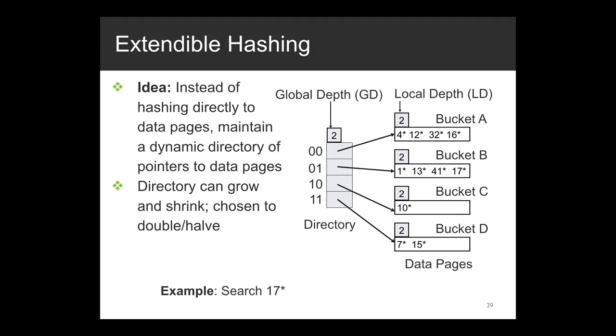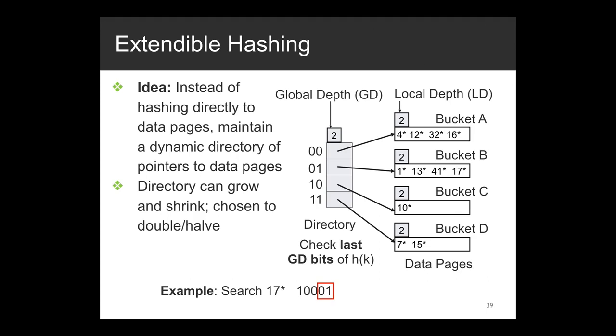So here's an example. Let's first look at what the search process is going to be. Like I said, 17 is your search key. Do a mod 4. Mod 4 means 1, so take this pointer and you know 17 is in this bucket. Equivalently, just look at the last GD bits of the hash function value. Here, this is the binary representation of 17.